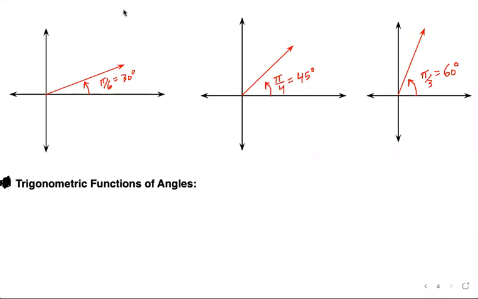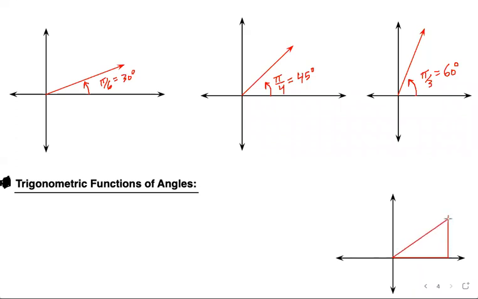Now, trigonometric functions of angles. First of all, we have to know if I have an angle in a graph like this, such that it has a triangle like this. Again, this is the x-axis and this is the y-axis.